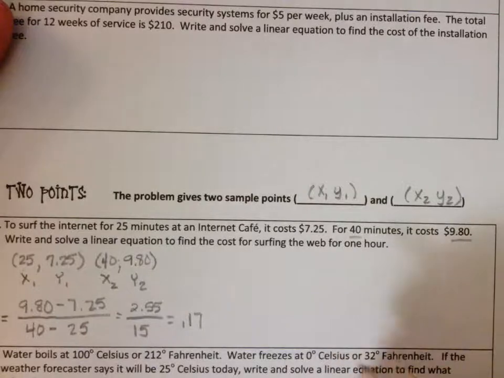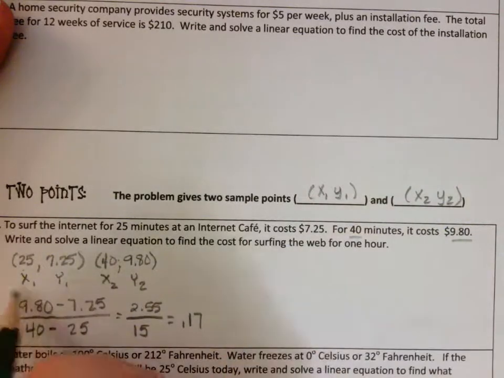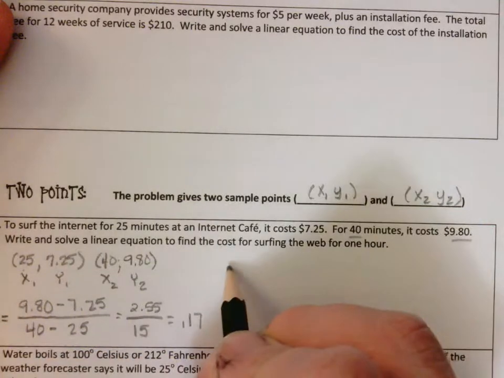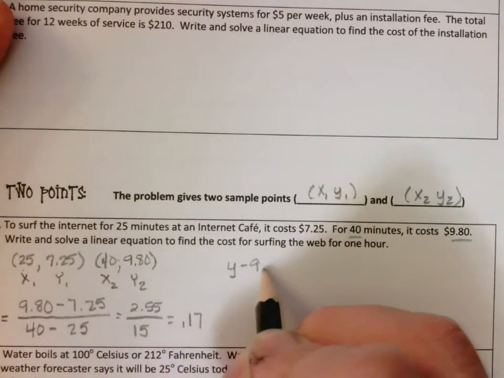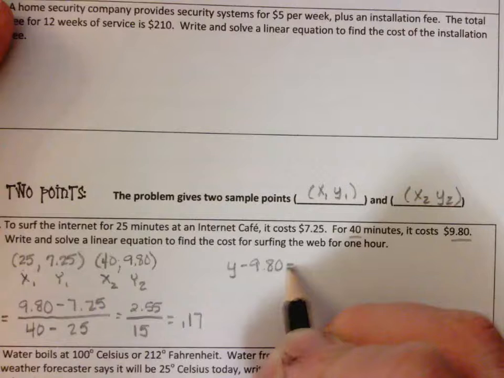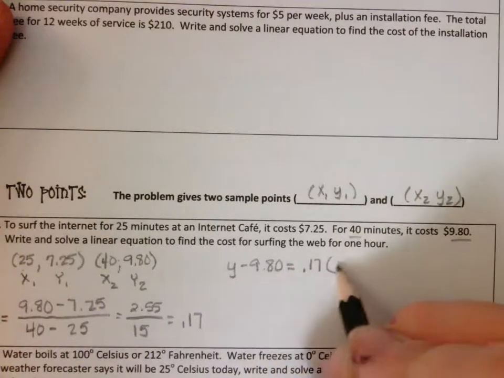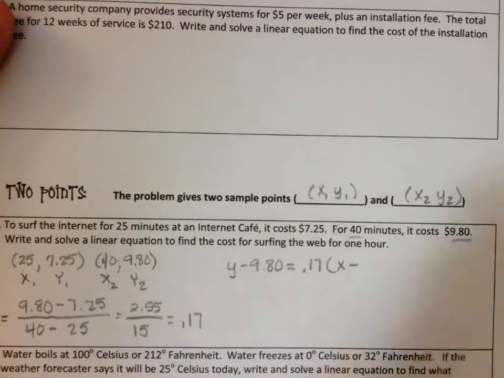So now that I've found that, I'm going to use my point slope form to find the equation, and I'm just going to need one of these points, and honestly it doesn't matter which one, we'll still get the same equation. So I'm going to say y minus y2, just for consistency's sake I'm going to choose y2, is equal to 0.17 times x minus x2, which is 40.